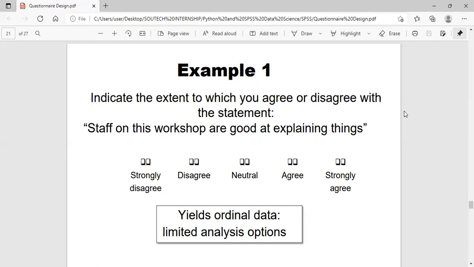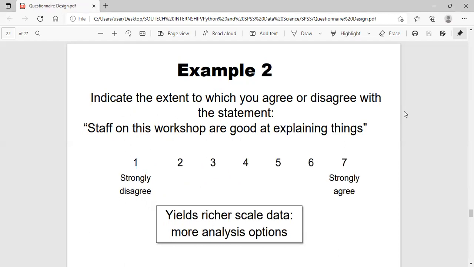Staff on this workshop are good at explaining things. 1, strongly disagree. 2, disagree. 3, neutral. 4, agree. 5, strongly agree. Now, this yields ordinal data. There's an order to it, and it has limited analysis options.